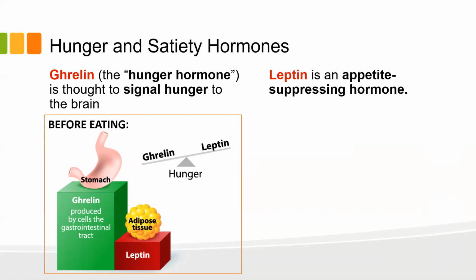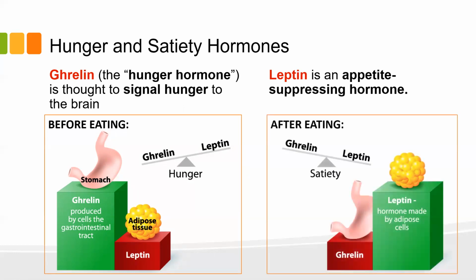Sometimes I see in some literature they call it the hunger hormone. Leptin is on the other end of things. Leptin is appetite suppressing, and this is made by your fat tissue. So as you eat and start depositing into your fat tissues, leptin can get produced.